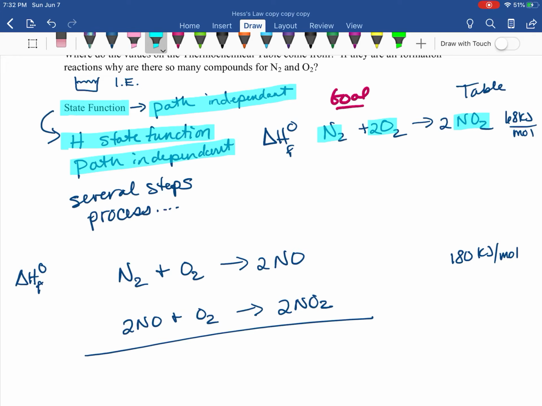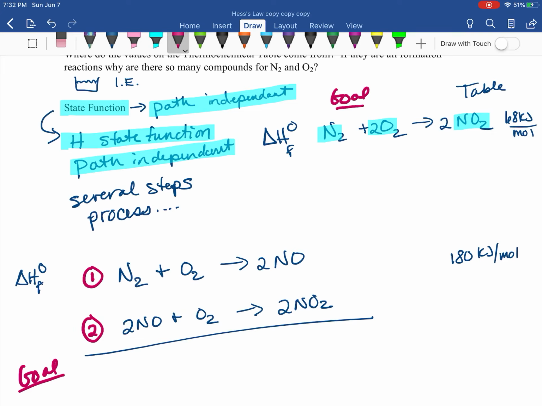This is Hess's law. Our actual enthalpy as a state function, meaning it's path independent, this overall process is what we'll see on our table. But it doesn't matter that it's happening in 2 steps.